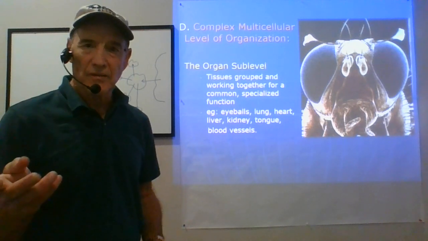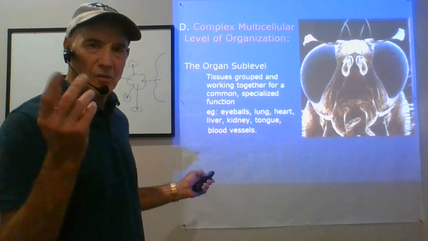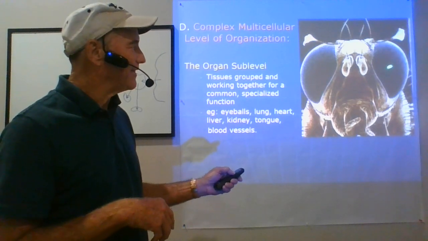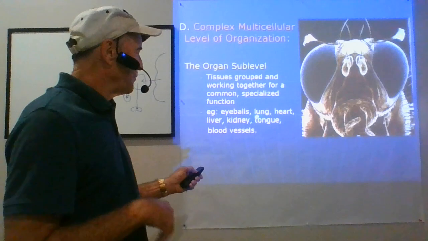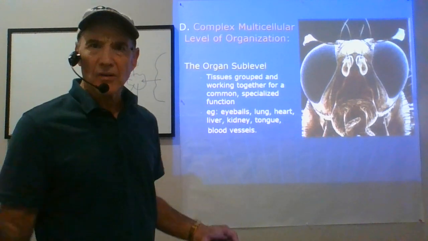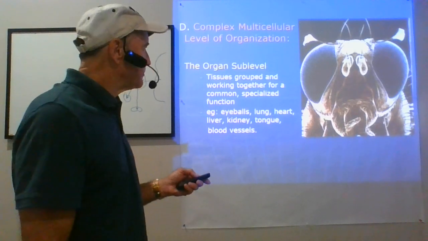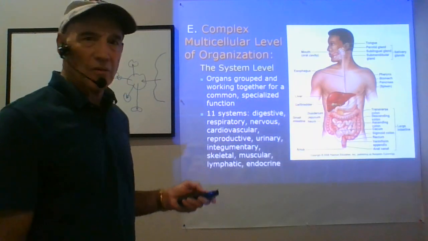That's kind of the definition of an organ. Here's some organs. Eyeballs are an organ. They're a group of tissues. Look at that eyeball. Cool. Lungs, heart, liver, kidney, tongue, blood vessels, all considered organs because they're groupings of tissues. Think of all the different organs you can think of.